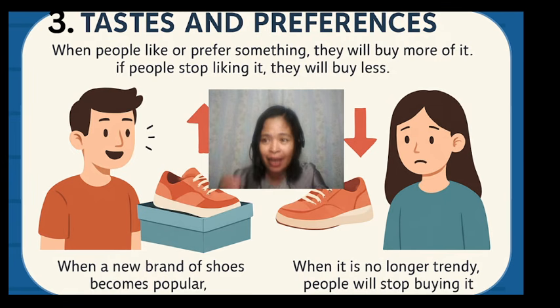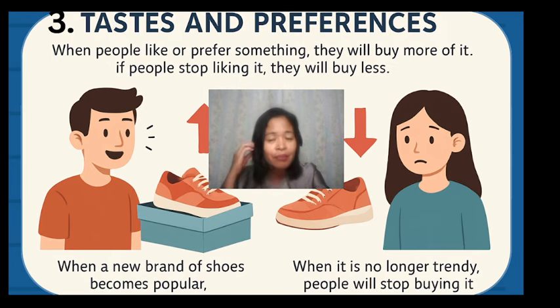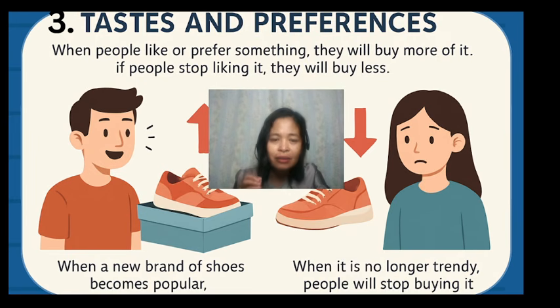Kasi gusto nila, hinahanap nila, preference nila yan. Hahanap at hahanap sila ng paraan just to buy that item or goods. If people stop liking it, of course, they will buy less. So that is why the tastes and preferences will determine demand.